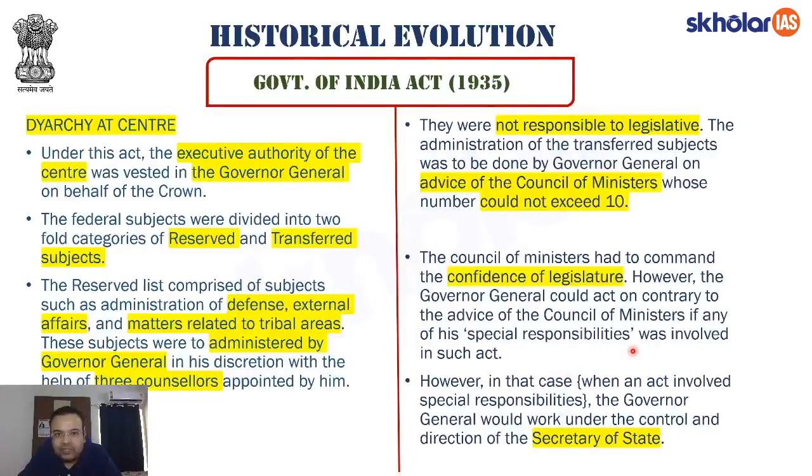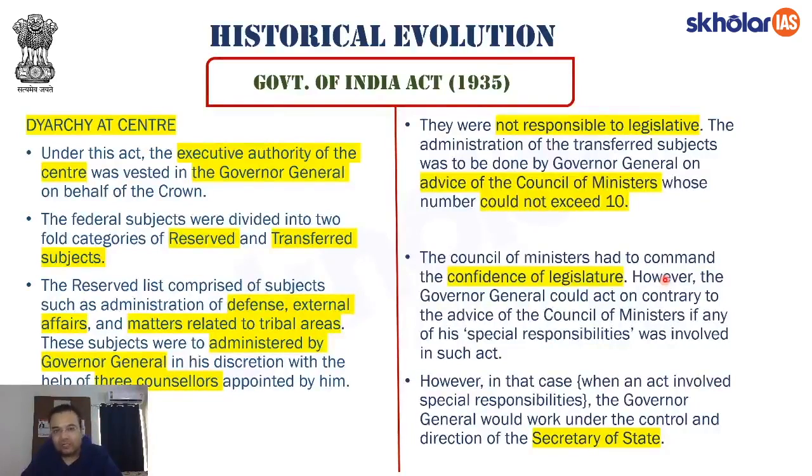Well, clearly it has not been defined in the Government of India Act, 1935, but the idea, it seems, was that all those responsibilities pertain to the first list. For example, the matter might pertain to a transferred subject, but the effect of that decision might affect any of the reserved subjects. Then we say that special responsibilities are getting interfered with, so the Governor General can refuse to act on it.